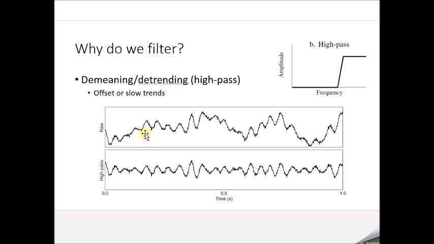So in order to do that, we would do a high pass filter and get the result at the bottom, where now we don't have that low frequency fluctuation in the signal. This could be useful in our data if we have a reference that's changing voltage very greatly over time, and maybe that's not the physiological activity that we're interested in.